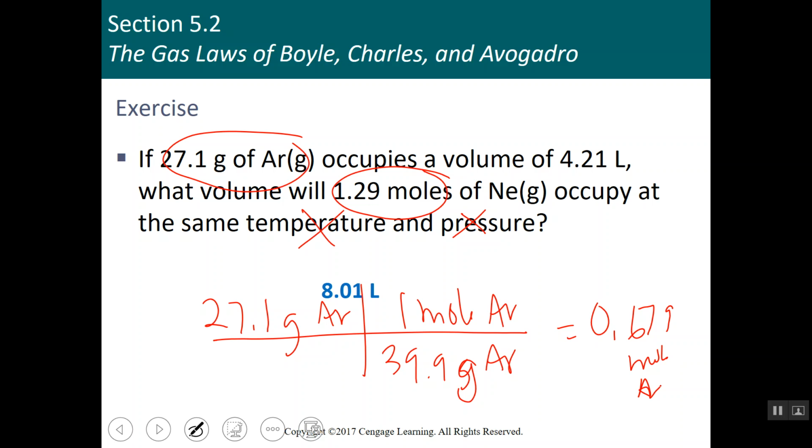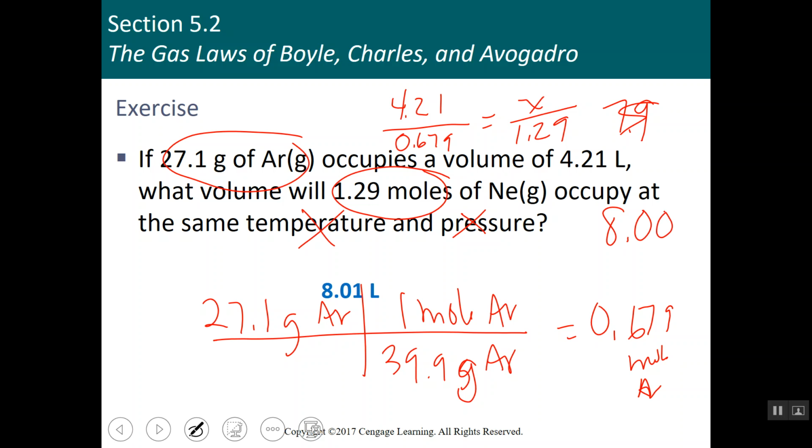If we have 4.21 liters and 0.679 moles, and we put an X in for that, and we have 1.29 moles. So 4.21 times 1.29 divided by 0.679, we have 7.9. Actually, we're going to go with 8.00 liters.